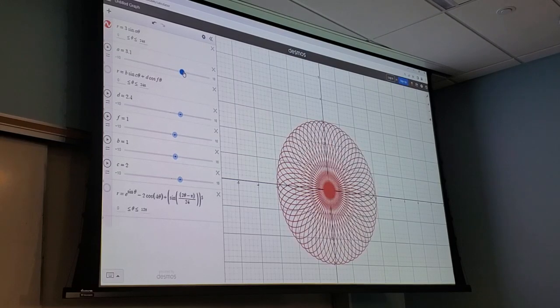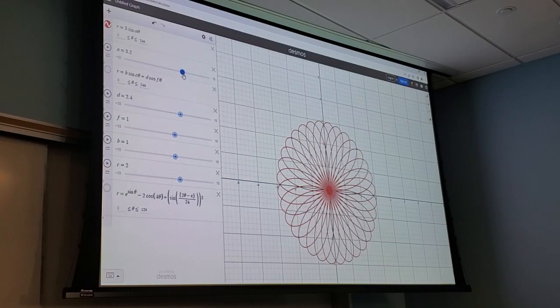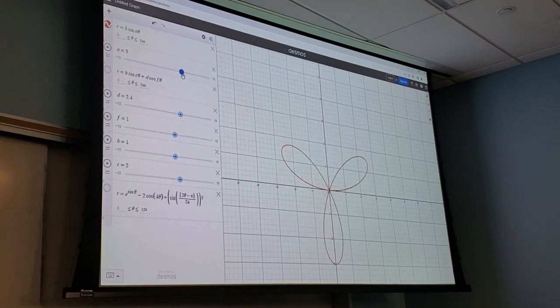Whee! Trippy. Watch what happens every time. See how that's 3.2? Watch what happens when I get a nice whole number. Look at that. What's happening is, if I get a nice whole number, it kind of ends up retracing itself. If I use 3.1, every time it comes back around, it's a little bit off from where it was to begin with.